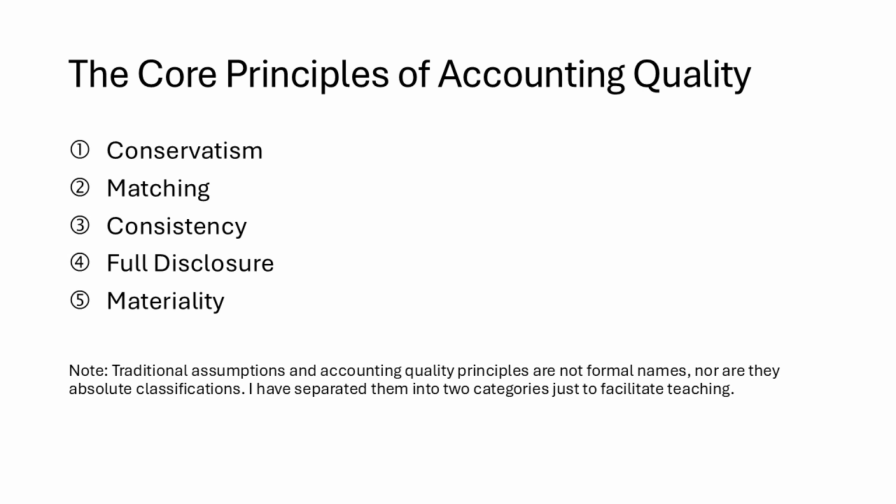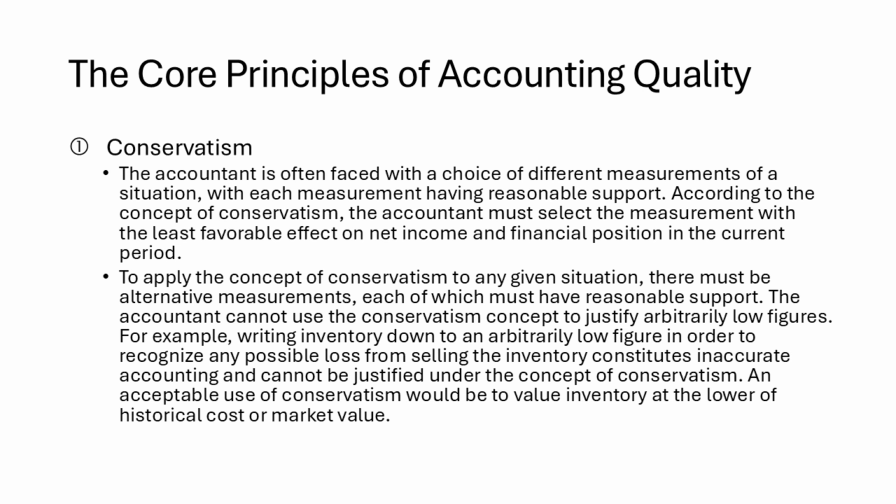So then we move on to the first of the core principles of accounting quality. Conservatism applies when several well-supported measurement options exist. Choose the one that yields the less favorable effect on current net income and the financial position.